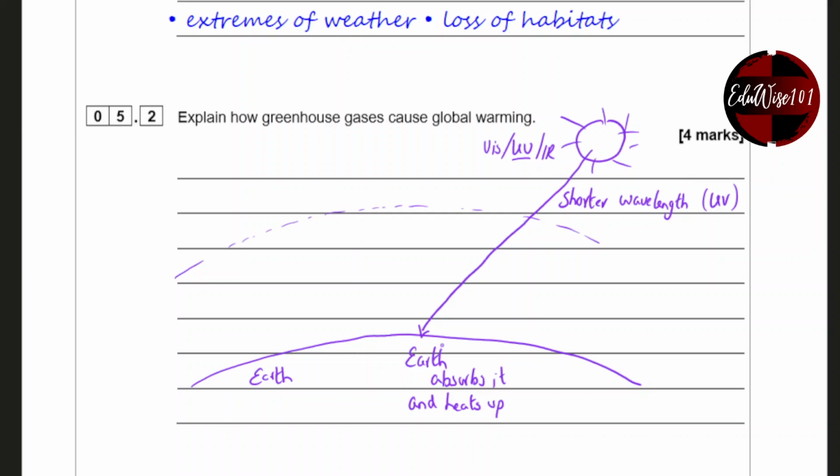Now, when the Earth heats up, it emits light back in the form of infrared, or longer wavelength.